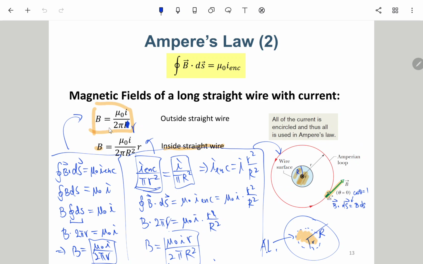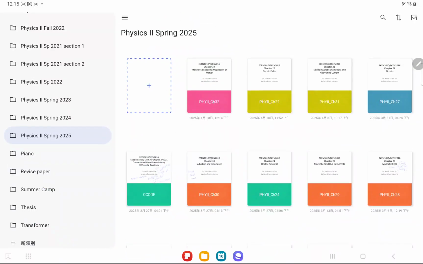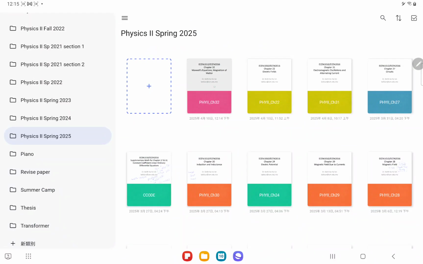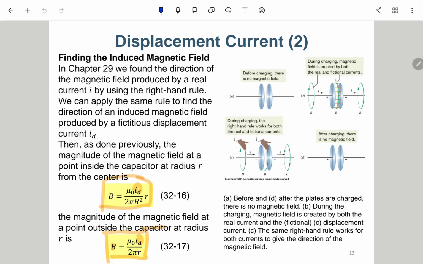This one is simply like Ampere's law. And this one is a little bit different because the radius is larger, but the area we only consider is the inside part, so this one is linearly increasing with respect to the radius. So here it is actually the same case. You can completely repeat the derivation for these two equations just by changing the I into ID. So nothing special. I don't try to write it again.